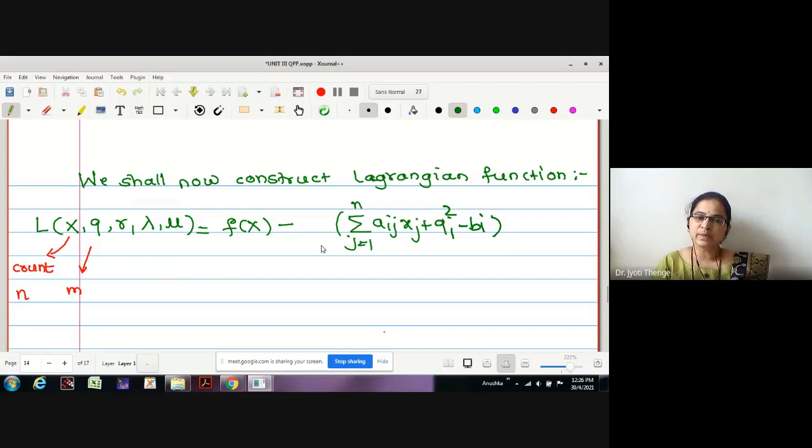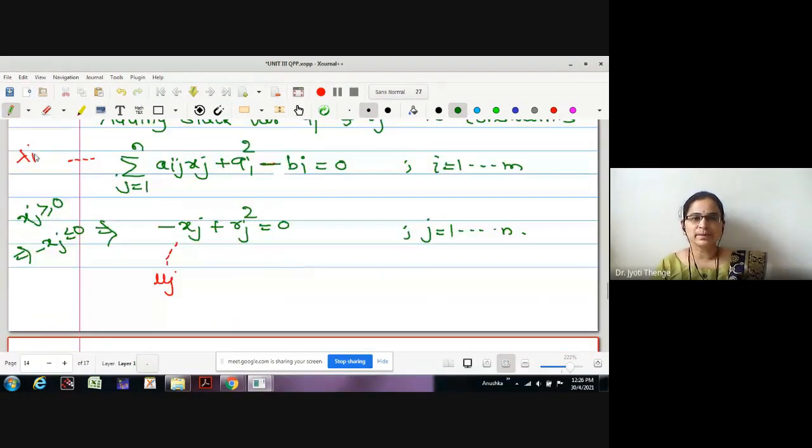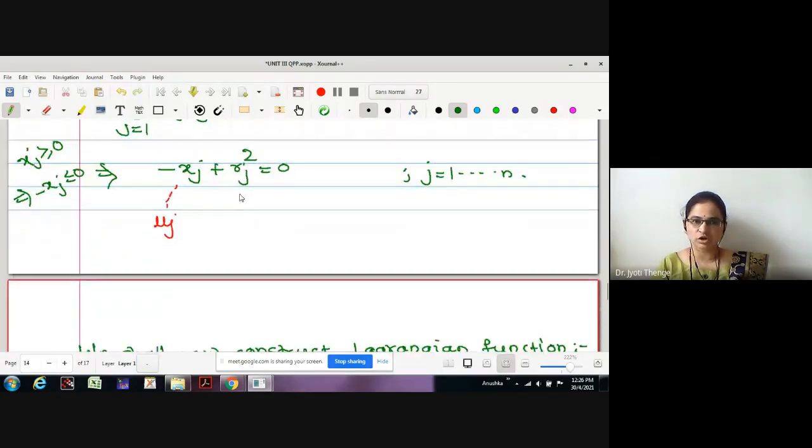We multiply by lambda i, and we have m such constraints. We subtract those from the original objective.